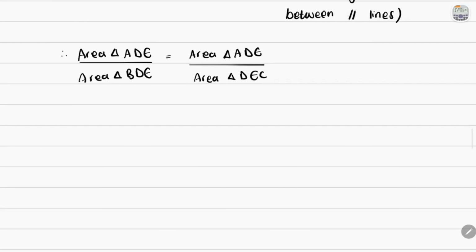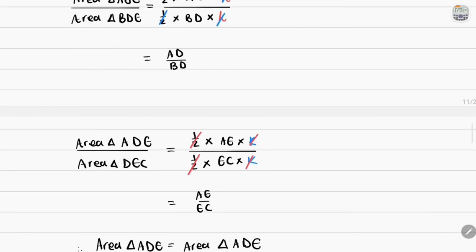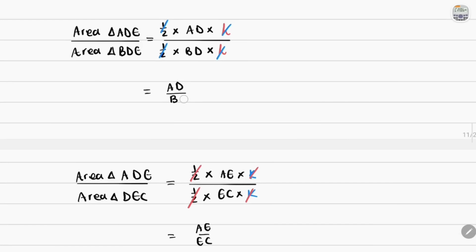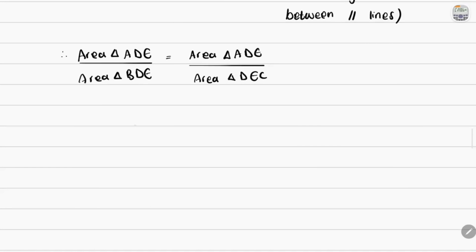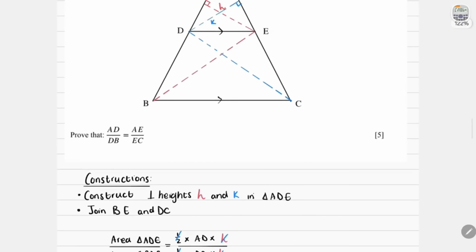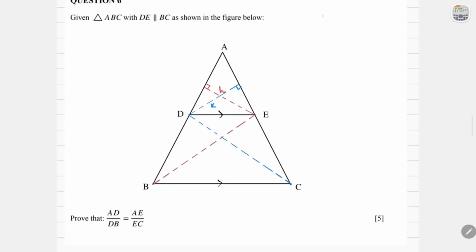And so it means that whatever they simplify to would also be equal. So that is AD over BD, or I could really have just called that DB since that's how it was written. Okay, so that is AD over DB, and that is equal to AE over EC. And that is how we prove this theorem. And that is it for question 6.